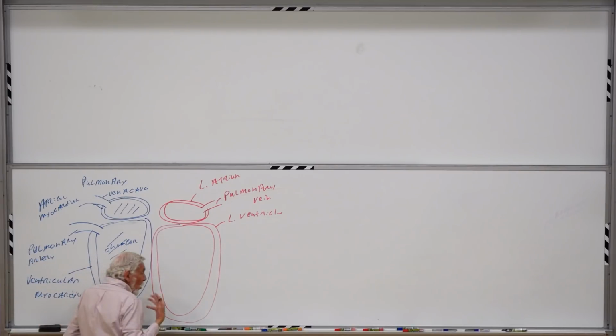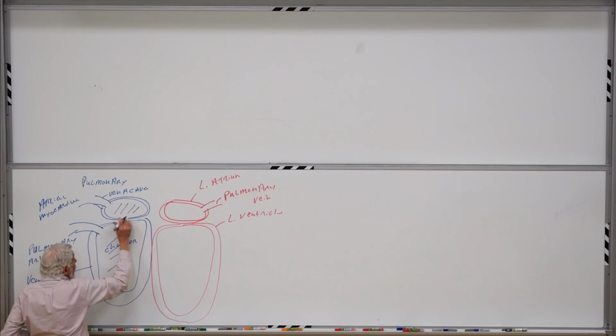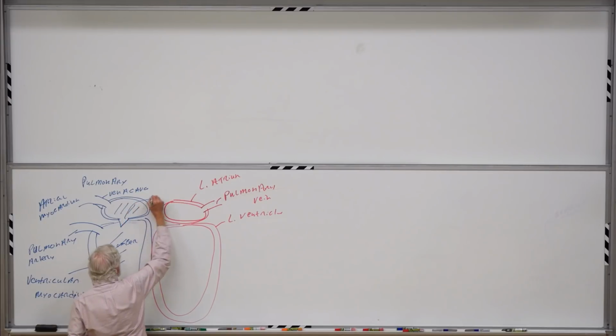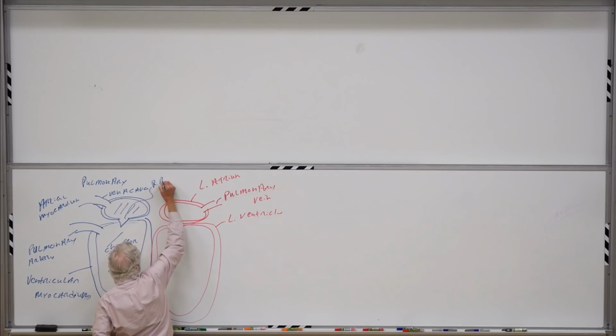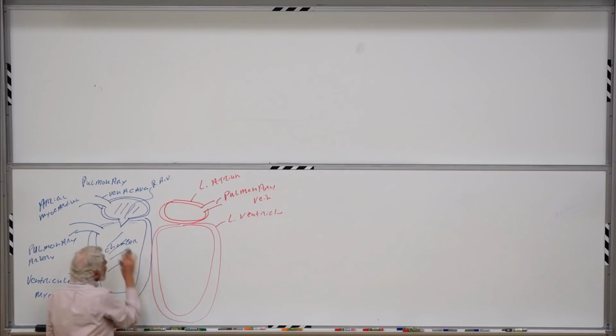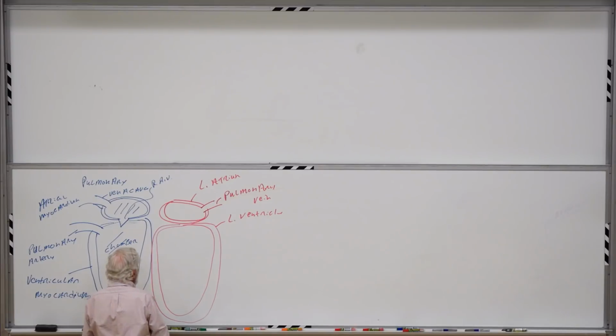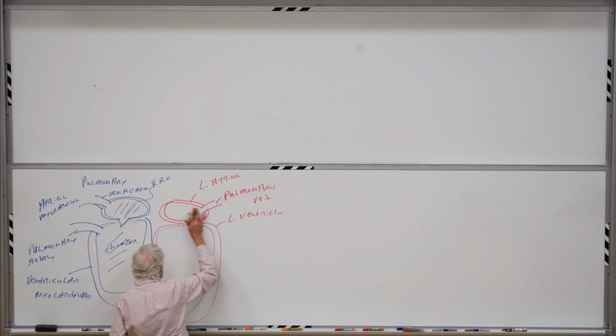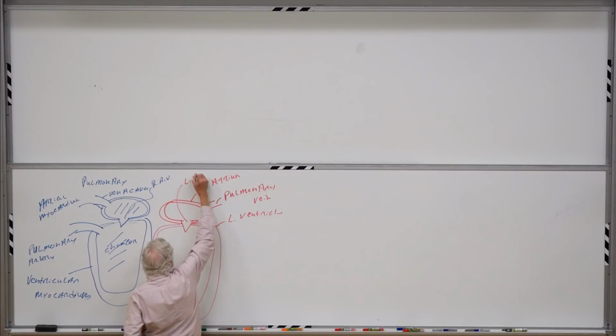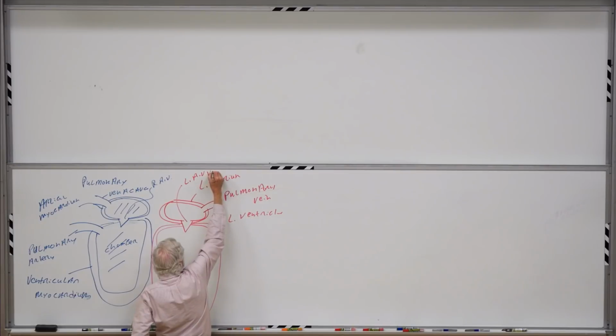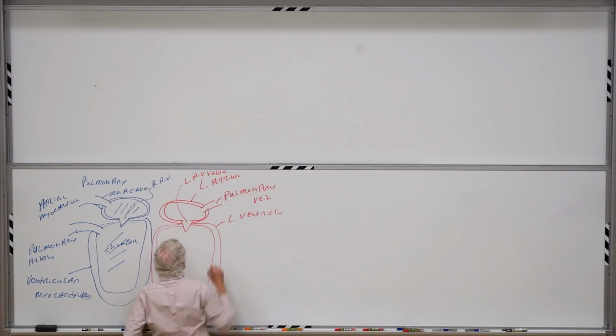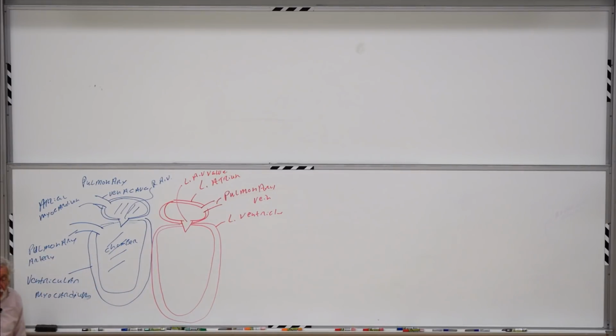We said that there was a set of valves on the right side, known as the right AV valve, also known as the tricuspid valve. And on the left side, there was the left AV valve, also known as the bicuspid or mitral valve.